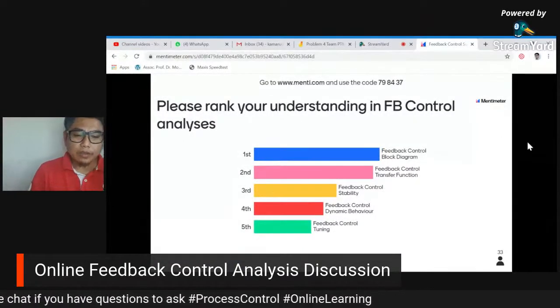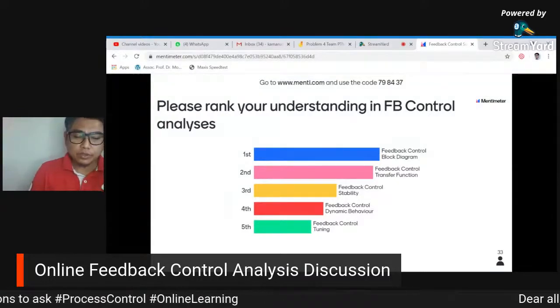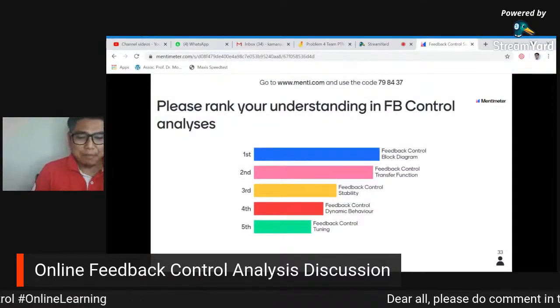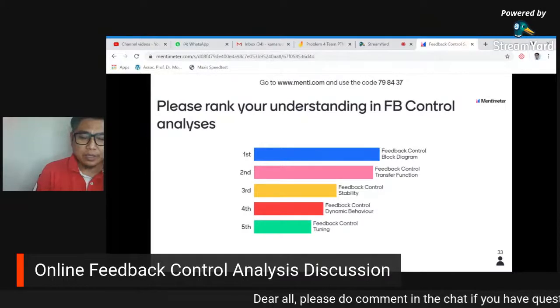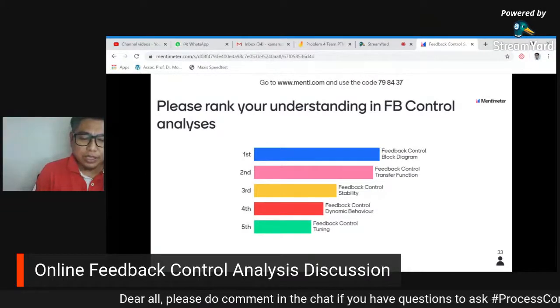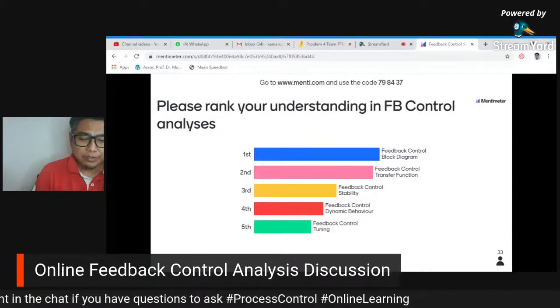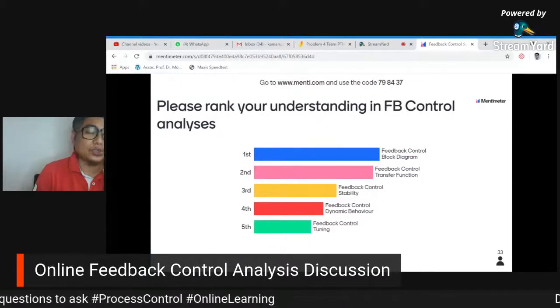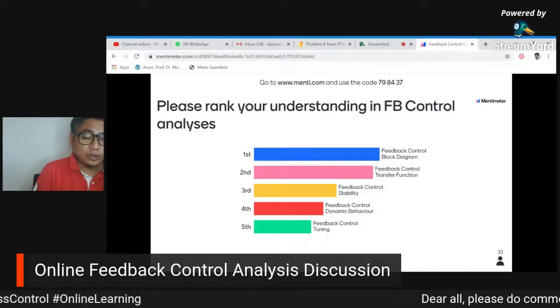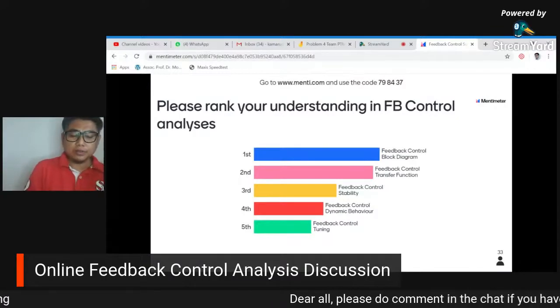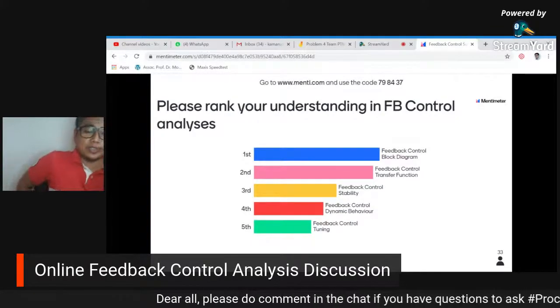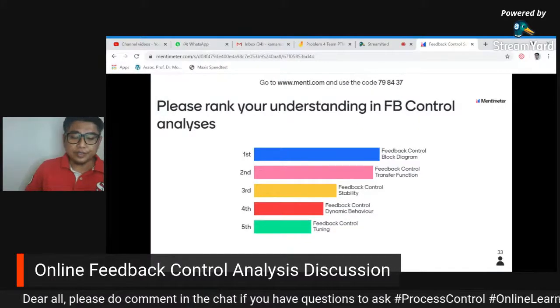All right, so the feedback block diagram is the easiest for you. Then after that, you have the transfer function, followed by stability and dynamic behavior. I don't know why dynamic behavior has become very difficult for you. And lastly, the tuning. Yes, I do admit that tuning is the most difficult subtopic in this feedback control analysis.